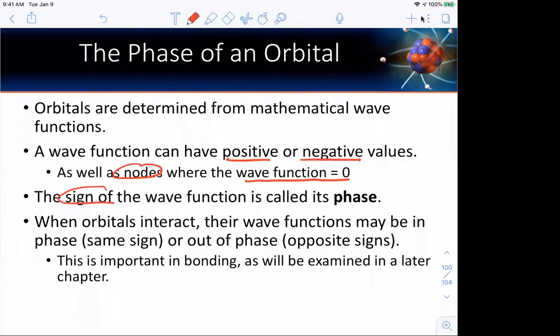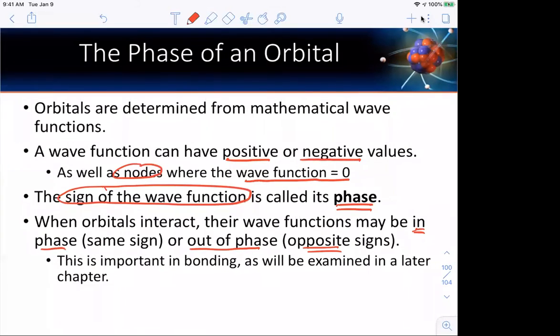The sign of the wave function is called a phase. Now, when orbitals interact, their wave functions may have the same sign, which means they are in phase, or they may be out of phase, which means they have opposite signs.